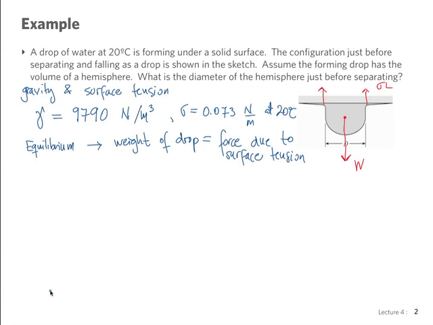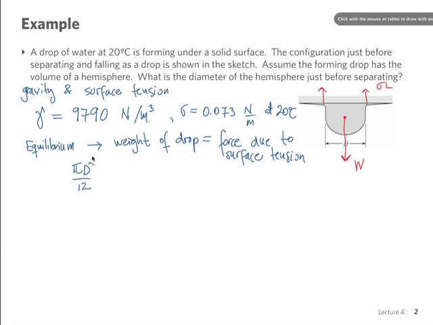For the weight of the drop we have, well, it's half of a sphere, so we calculate the volume of a sphere divided by 2 and multiply by the specific weight. So the weight would be pi d cubed over 12 times the specific weight. Let me erase this, it's a mistake. It's a cube, this volume.